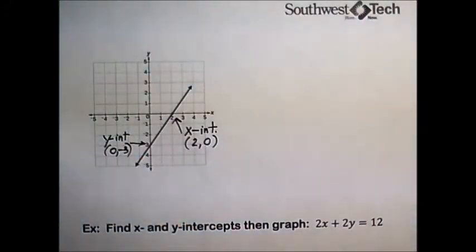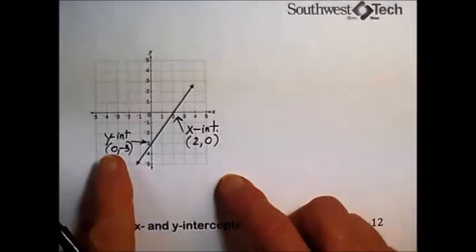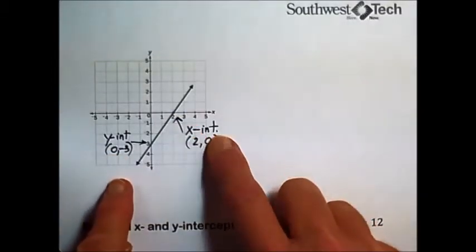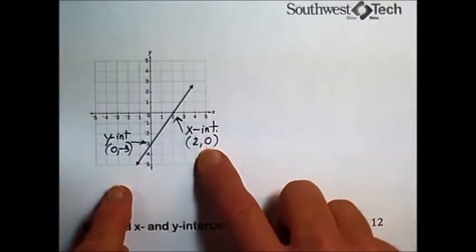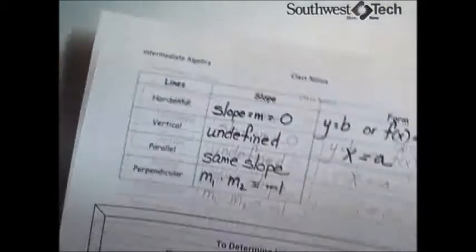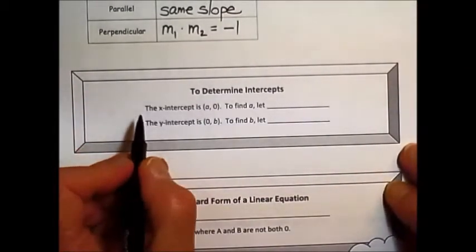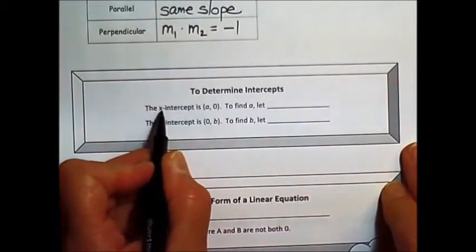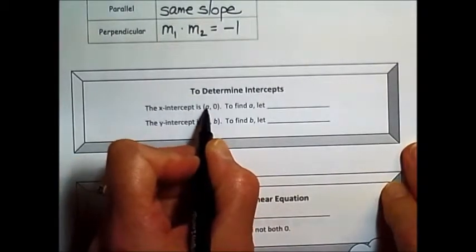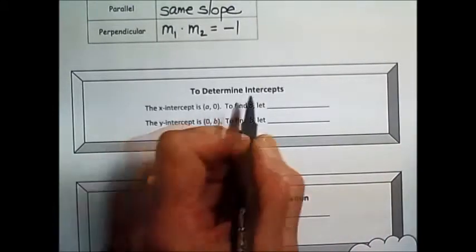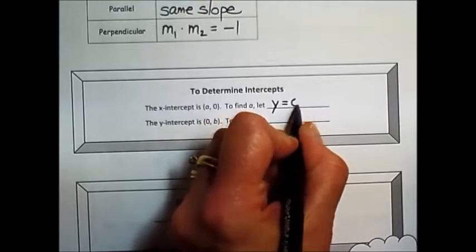When we are graphing, we can graph an equation of a line by its intercepts. For the y-intercept, x equals 0, and to find the x-intercept, y is 0. So let's summarize that here and then show it in an example. If we're looking for the x-intercept, which is a generic form of some value, 0, to find that x-intercept, you are going to let y equal 0.